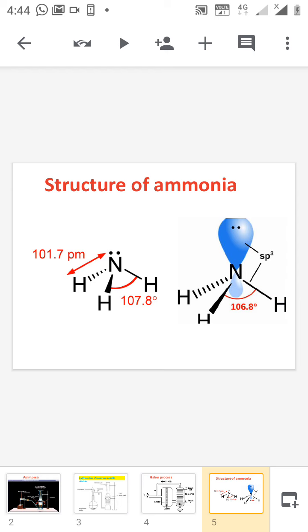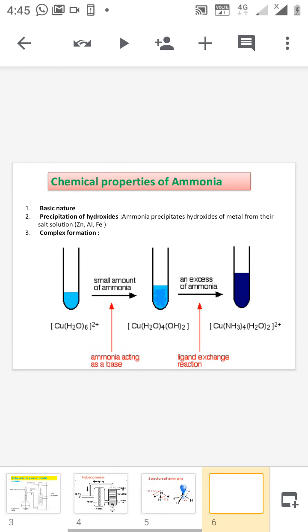So we can ignore the lone pair of electrons while predicting the structure. That's why ammonia exists in a triangular pyramidal structure, with a bond angle of 107.